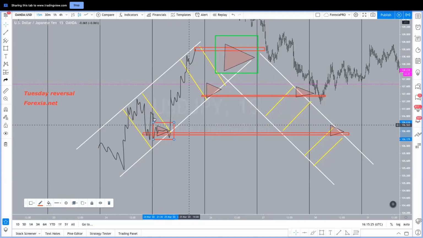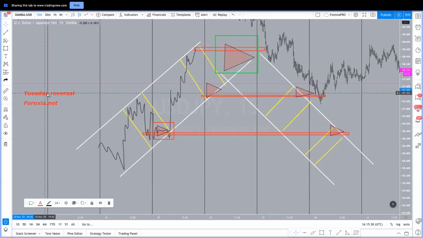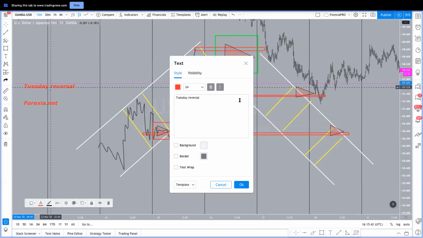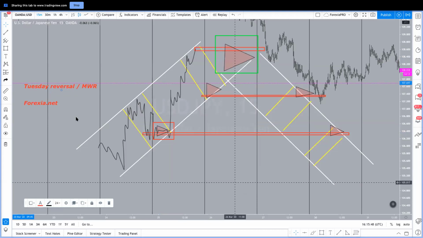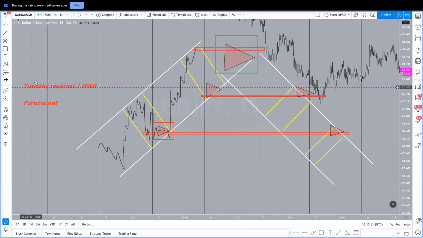So why is understanding these two important? Because Tuesday reversal and midweek reversal, let me add it here. Tuesday reversal and midweek reversal, these two, almost 95% of the time, come with a signature trade.